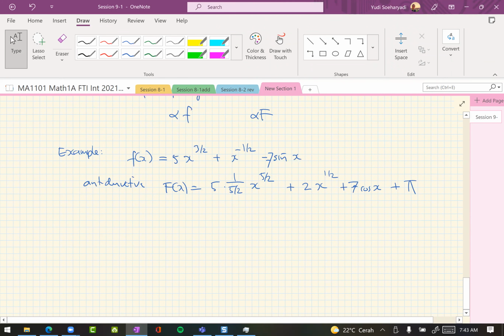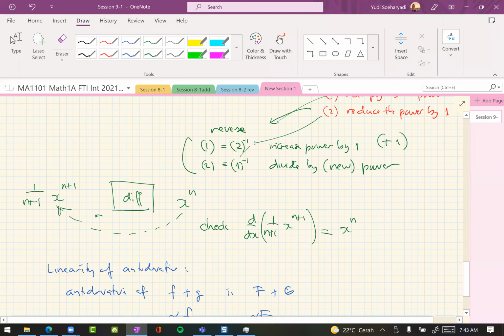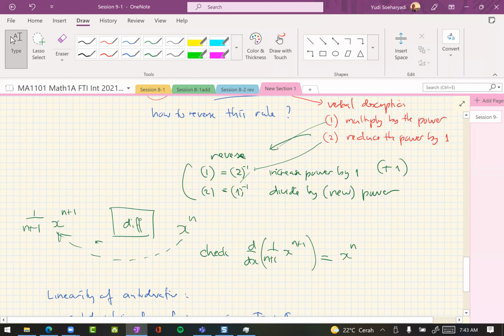Okay, I forgot to mention that in this rule, remember, we have this 1 over n plus 1. That means that n cannot be negative 1.